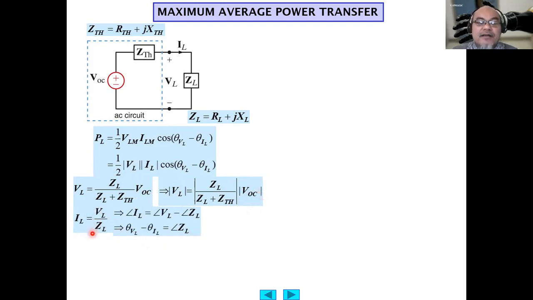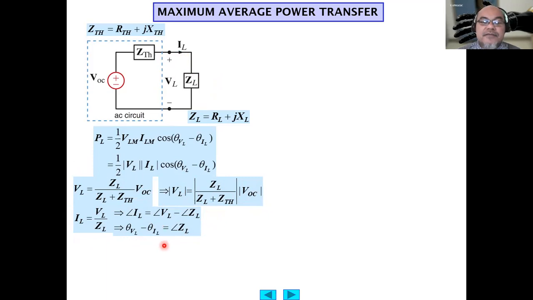And the phase angle of the load current equals the phase angle of the load voltage minus the phase angle of the load impedance.